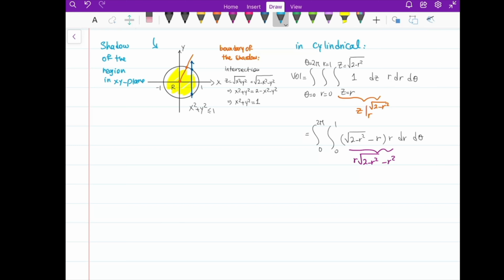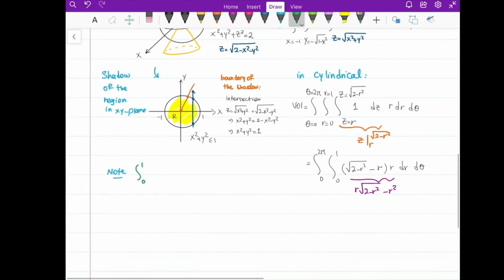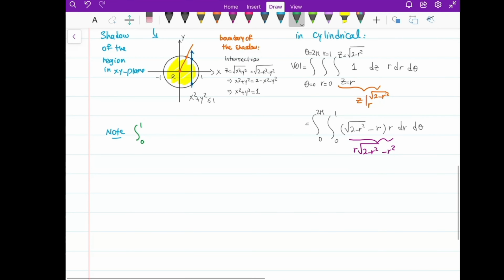over here, like in a note. I'm gonna calculate the integral from 0 to 1 of r square root of 2 minus r squared dr. Okay, I'm gonna use u sub for it. U is 2 minus r squared, so du is negative 2r dr. So I have the integral. I'm gonna multiply this by negative 2 so that I get negative 2r dr, which would be my du.